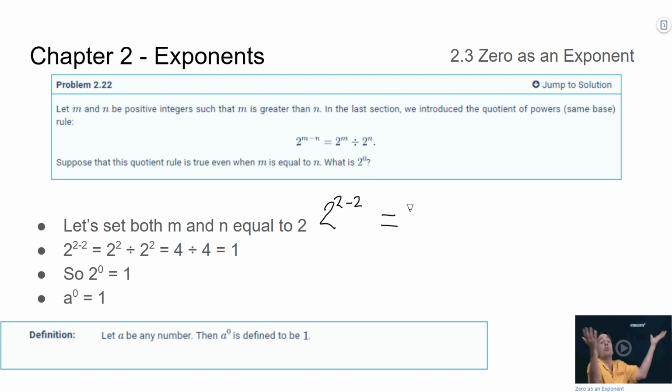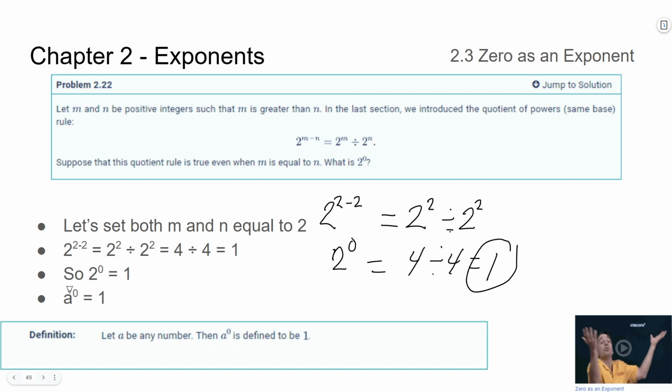That's going to be equal to 2 to the 2 divided by 2 to the 2. And that, of course, is going to be 4 divided by 4, which, of course, is going to be 1. So once again, we find out that what was going to become 2 to the 0 ends up ultimately becoming 1.